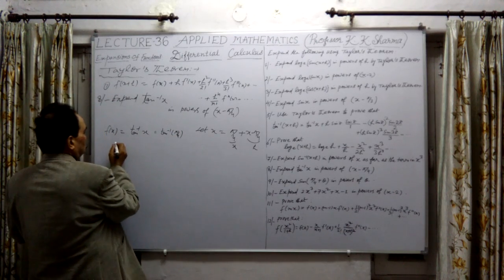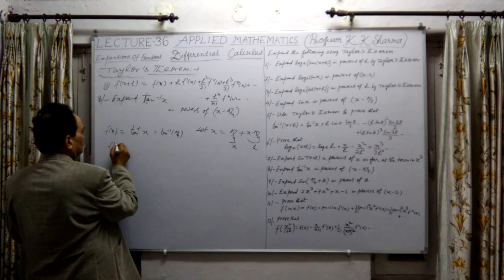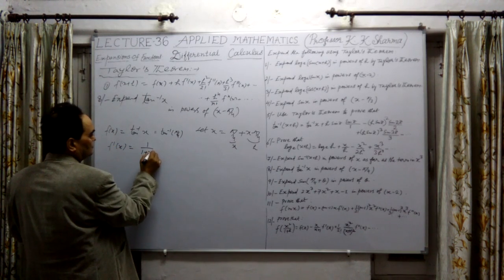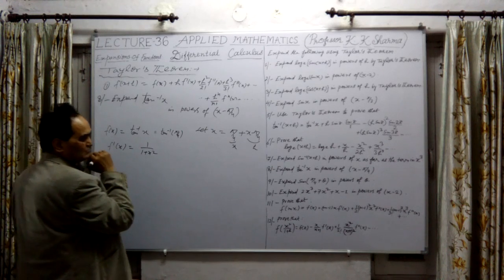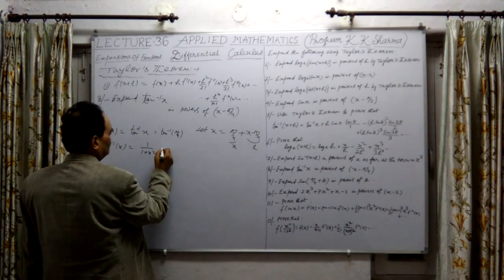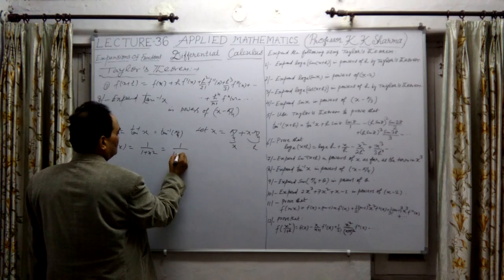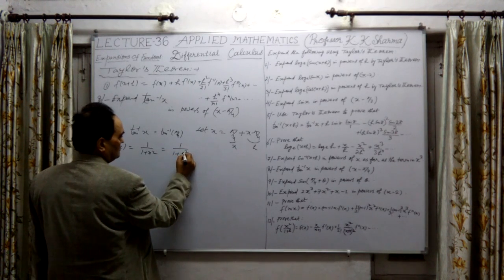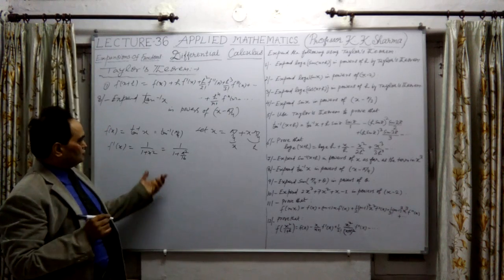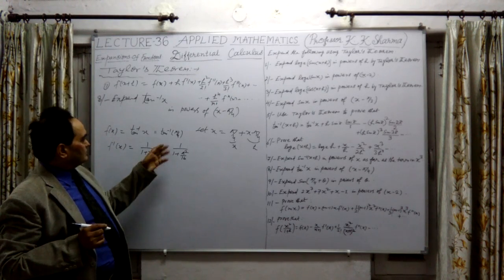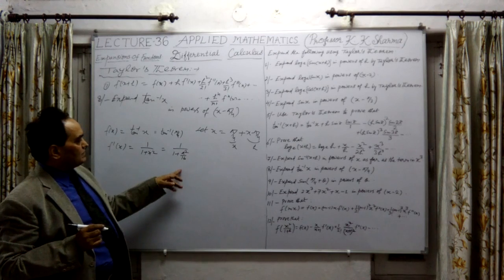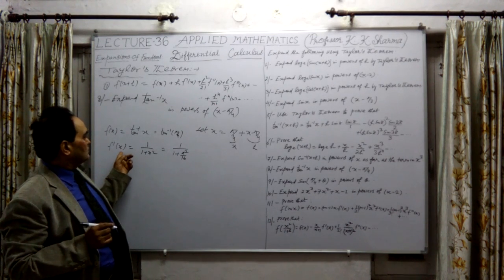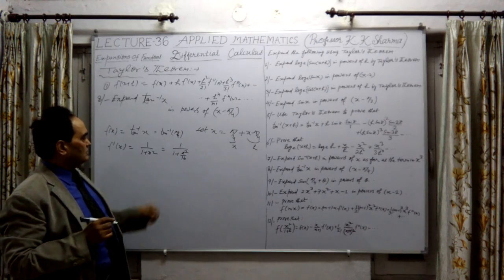Okay. Now let me differentiate this. F dash x, if I differentiate, will be 1 upon 1 plus x square. Now x is to be replaced by pi by 4. This is nothing but 1 upon 1 plus pi square by 16. Okay. So it is to be differentiated with respect to pi by 4, because this is pi by 4 and f dash pi by 4 we have taken here.